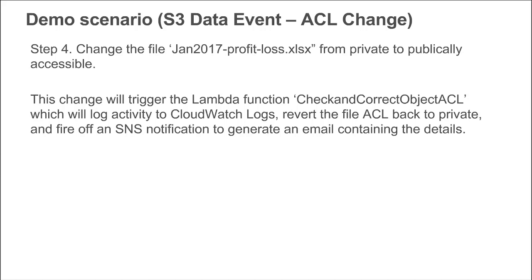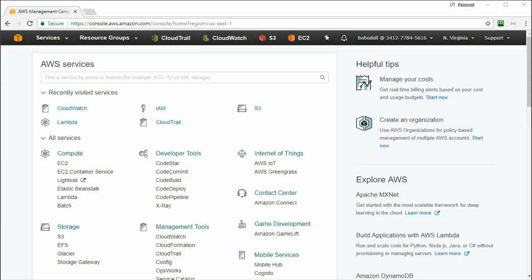And the moment I do that, it will trigger the Lambda function that I created earlier, which will then log all the activity to CloudWatch logs and revert that file ACL back to private. It will also fire off an SNS notification to the appropriate team with all the details regarding the change. So let's go to the demo.